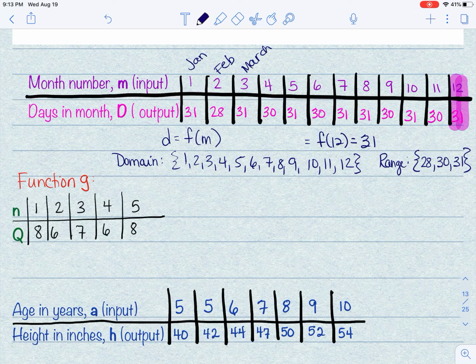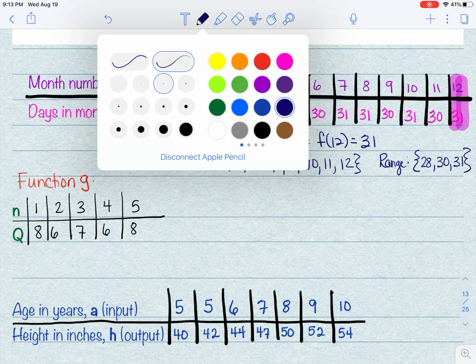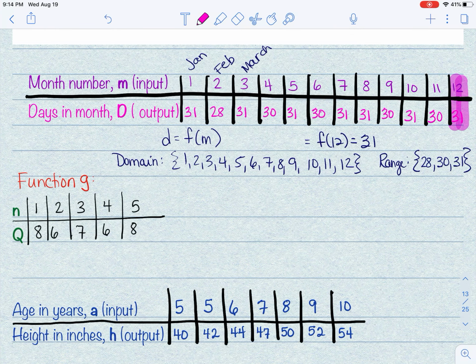All right, so let's look at the next one. This is function G. So instead of calling it function F, we're calling it function G. So in this case, Q is a function. Oops, I just said this is function G, and look what I wrote. I wrote F. Function G. So Q is function G. So Q is a function of N. I don't know what N or Q represent, but Q is a function of N. In this case, is this a function?